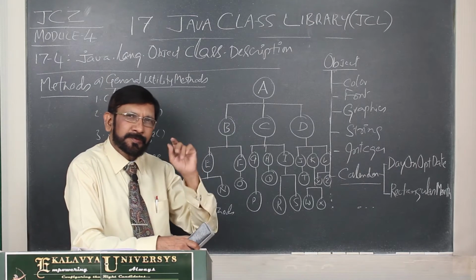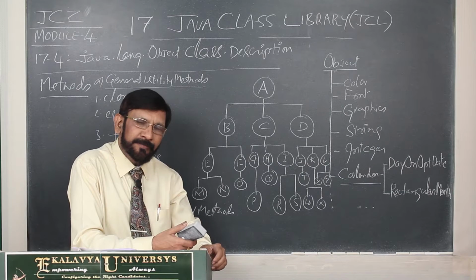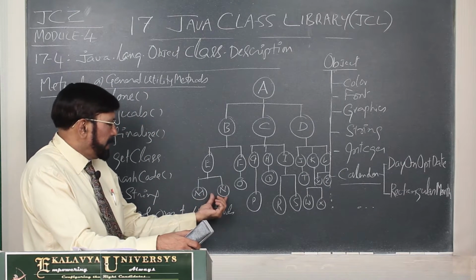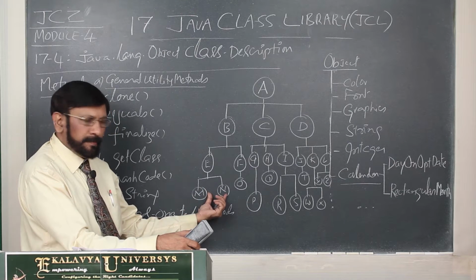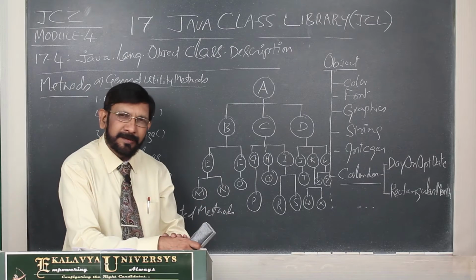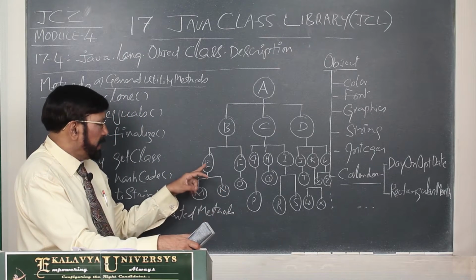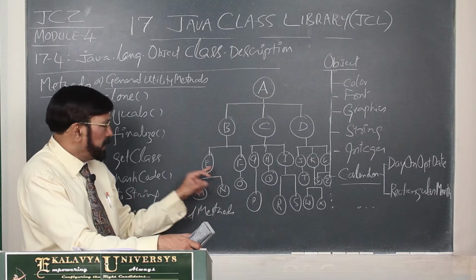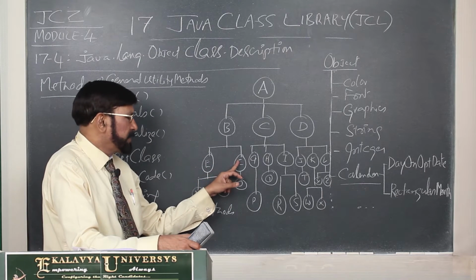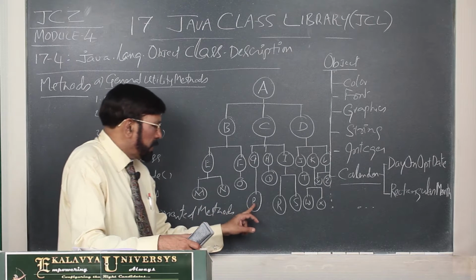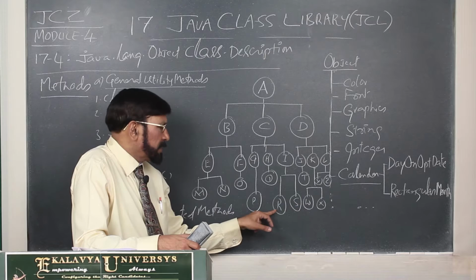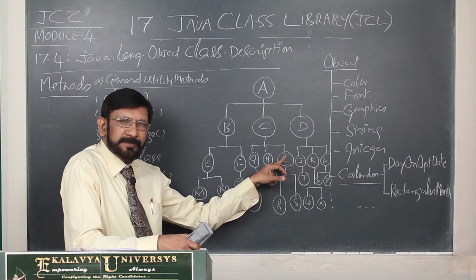Now, in this, if you talk about compatibility of the reference, E is the compatible reference for M and N, because for M and N, E is the parent. That's why it is a compatible reference. For O, F is the compatible reference, and for P, G is the compatible reference. For R, S, I is the compatible reference.